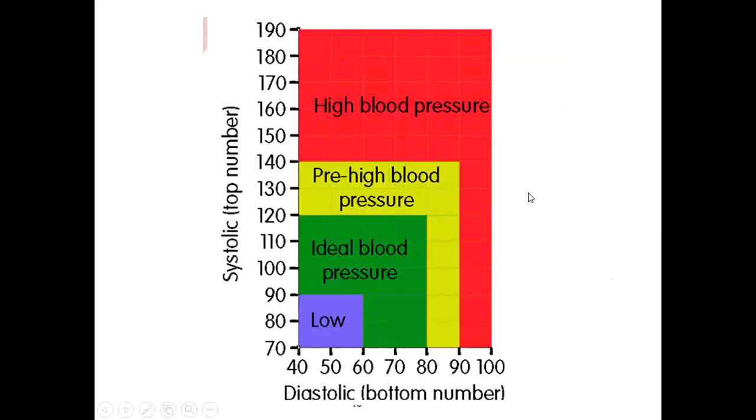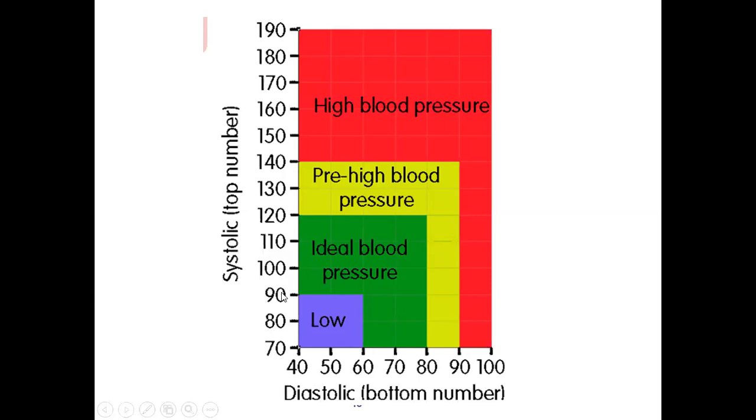All right, so here's a chart on blood pressure that shows your systolic, which is blood coming from the heart, and on the bottom, on the x-axis, your diastolic, which is blood going back to the heart. If you were 90 over 60, that would be considered low blood pressure.